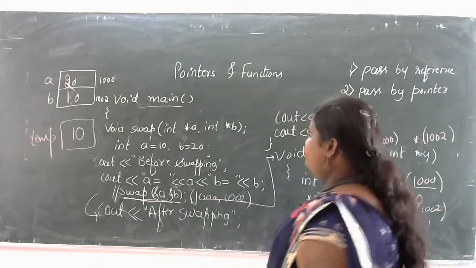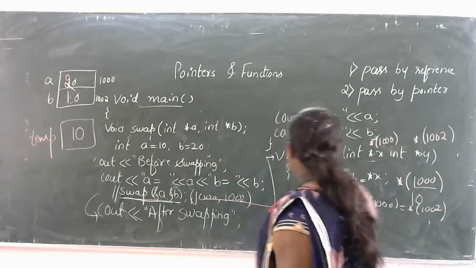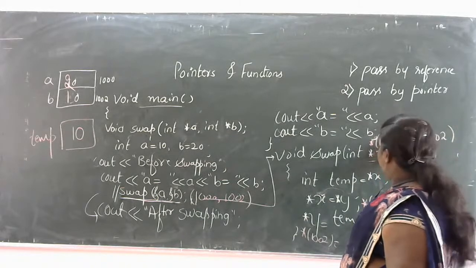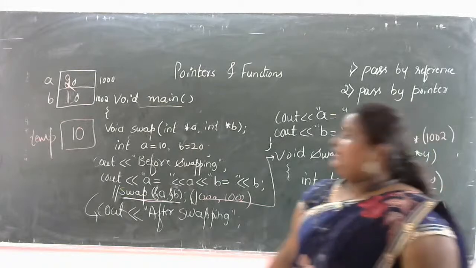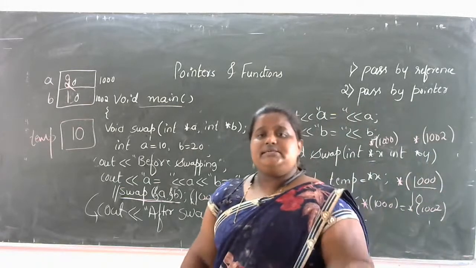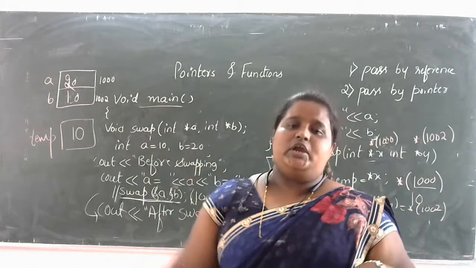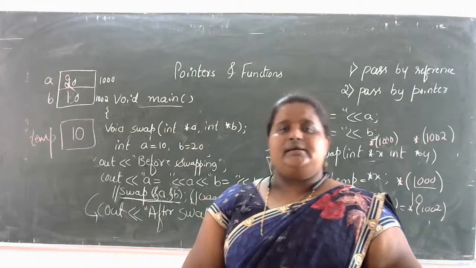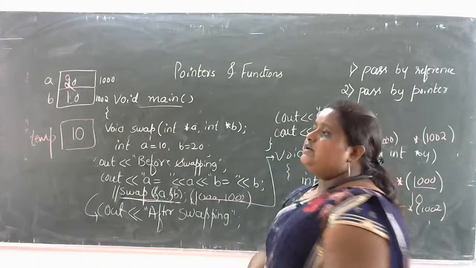In pointers, we are passing addresses and retrieving data stored in a particular address, and here also whatever changes we make in the formal arguments will directly affect the actual arguments. Okay, this is about pointers and functions.